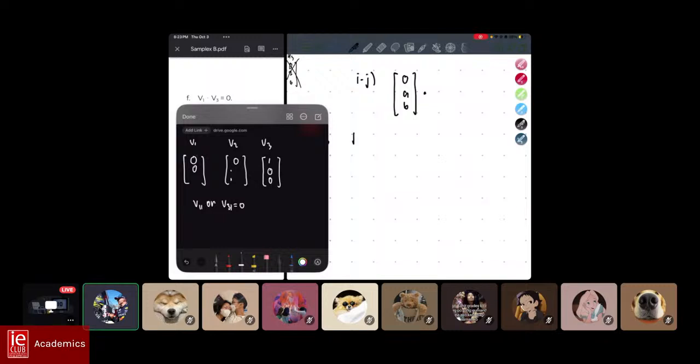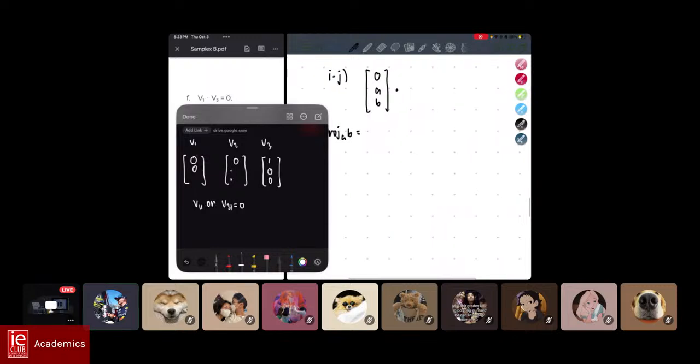So, the projection of B onto A is A dot B over the magnitude of A squared times A. Yeah, so let's just apply that to here.